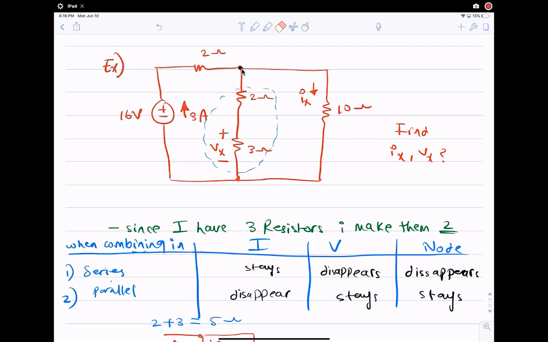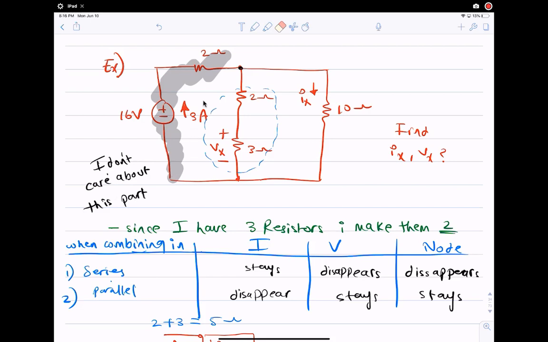This node. So I don't care actually about all of this here, since I know the current is 3 ampere here. So I'm gonna write that down so you guys can remember. I don't care about this part.